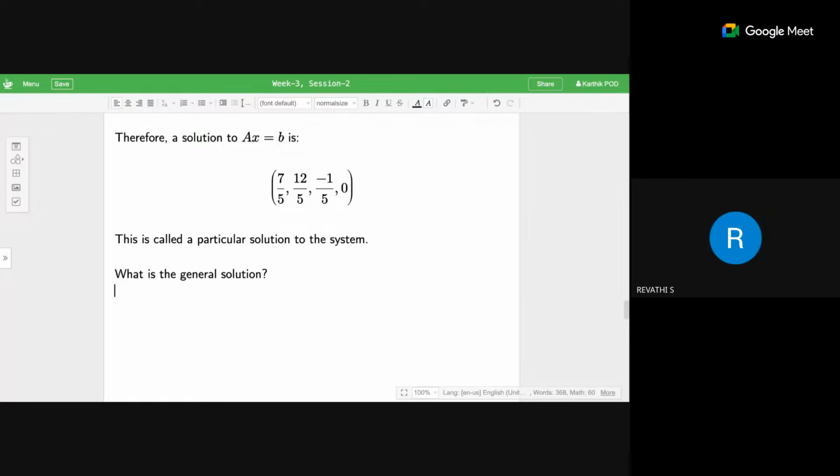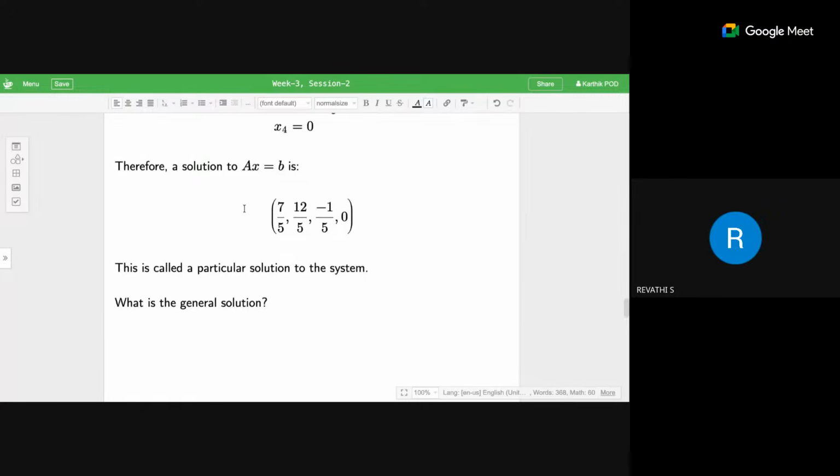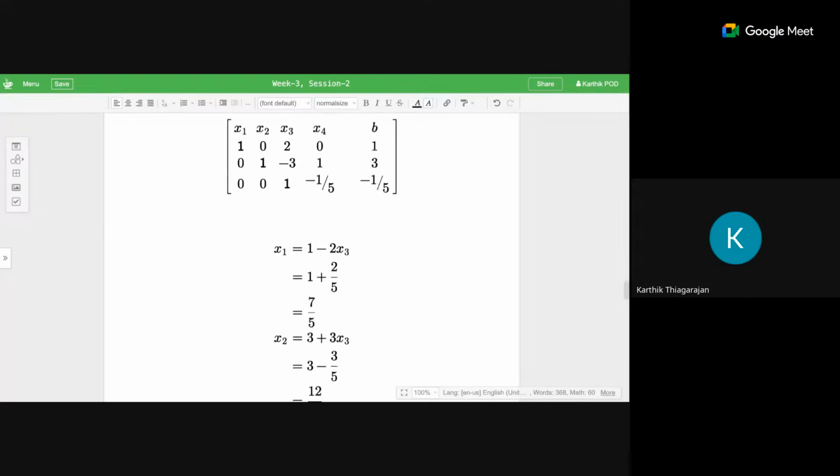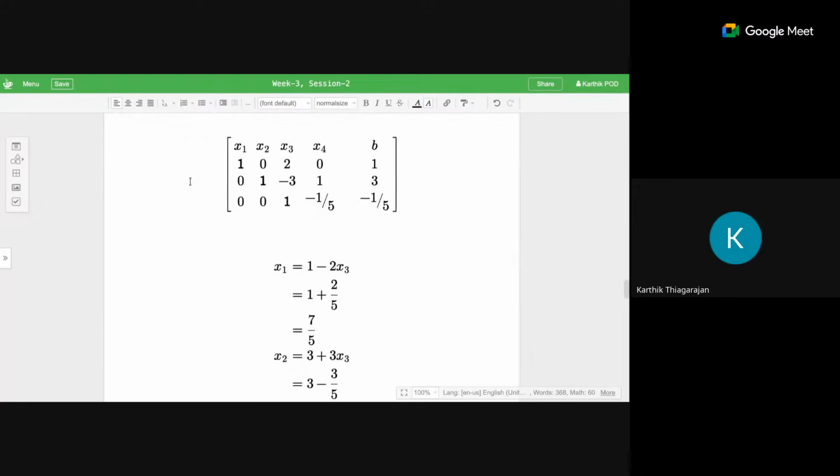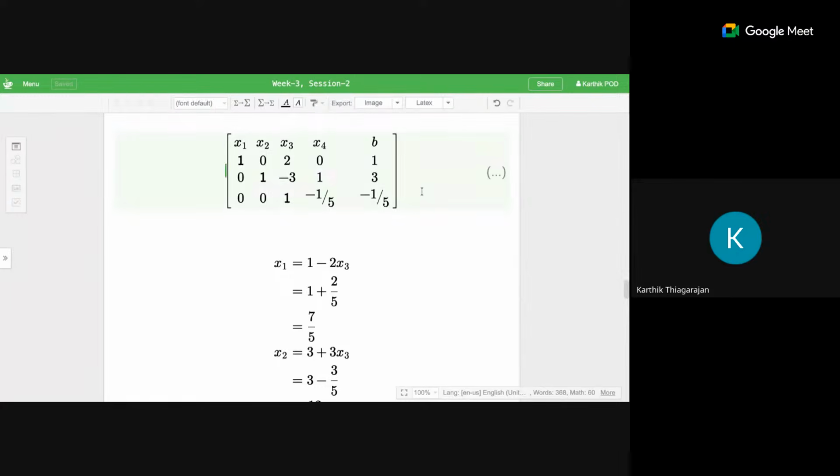We can take x4 as k, and then write the dependent variables in terms of the free variables. Correct, right? That's good. That's one way of finding the set of all possible solutions.